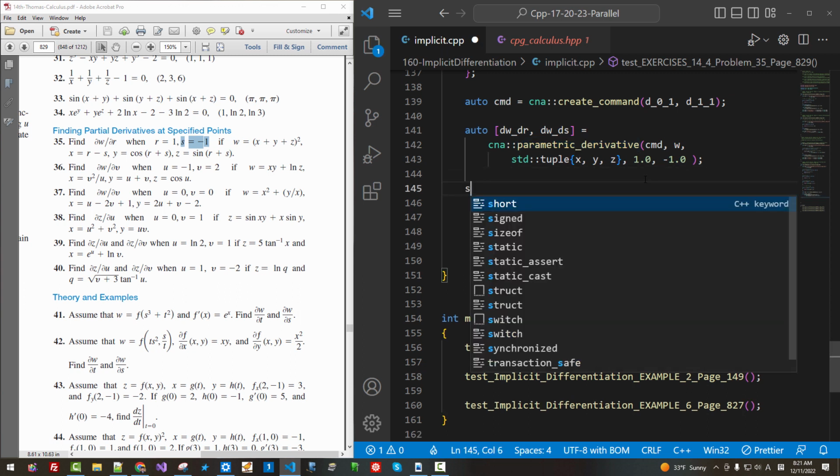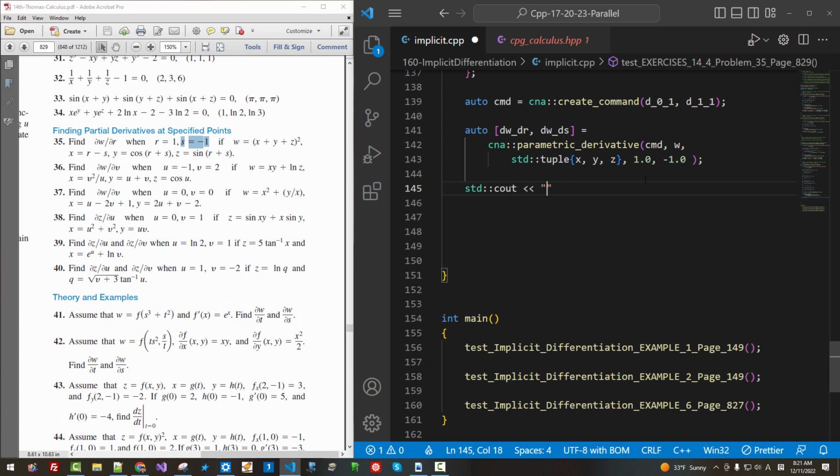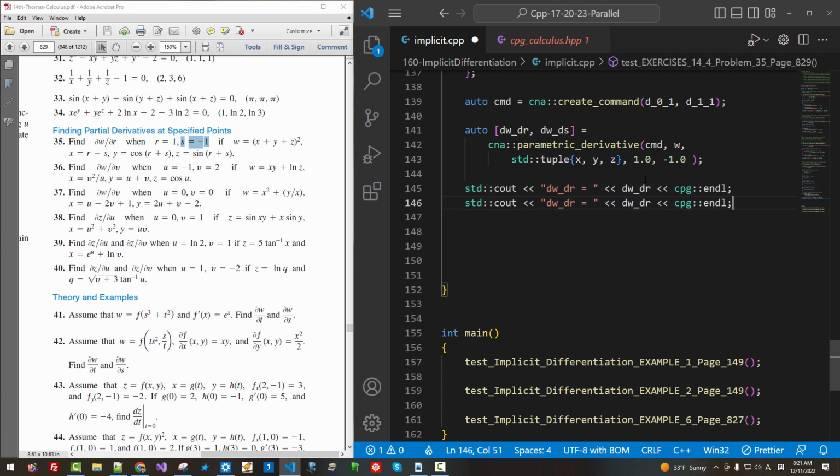Now std::cout dw over dr, and there copy paste dw over ds.